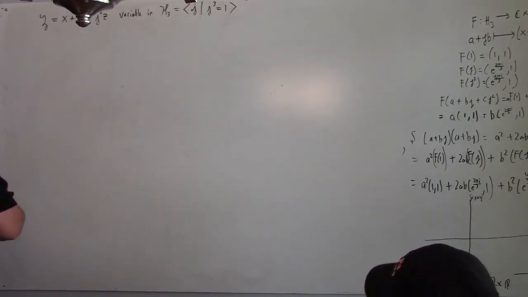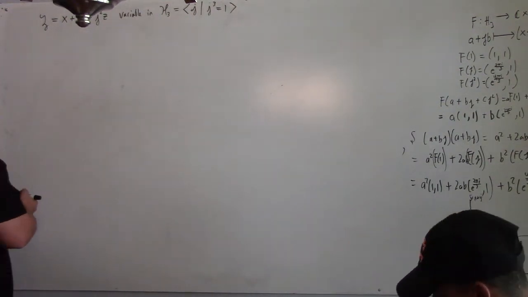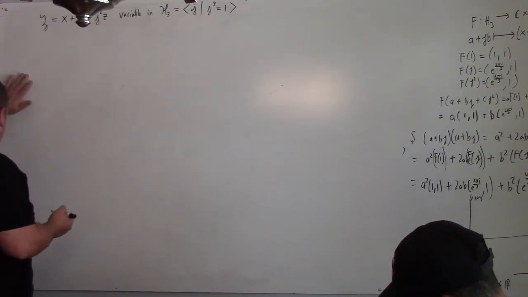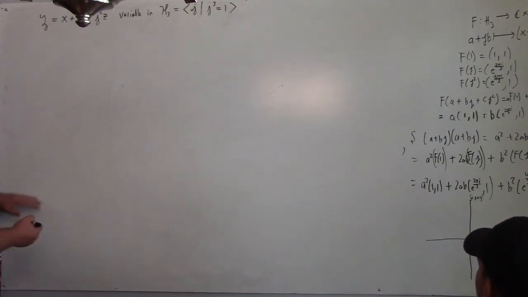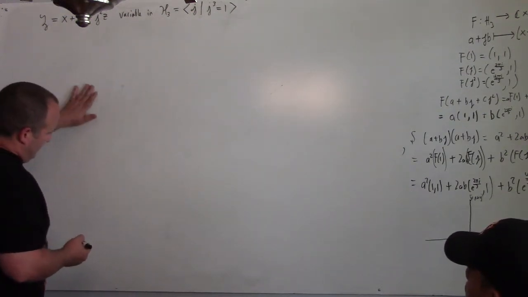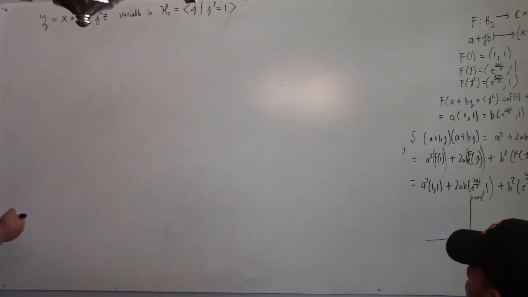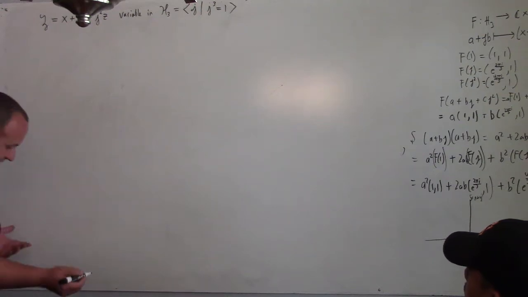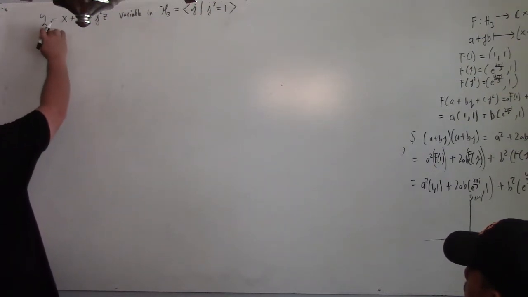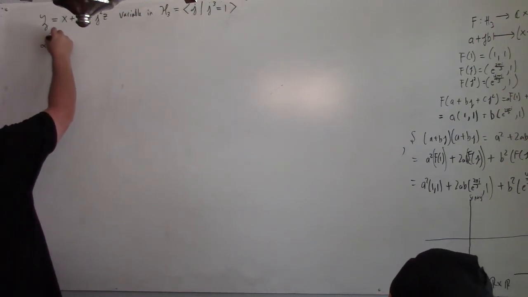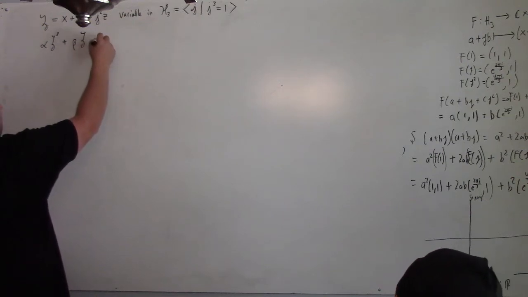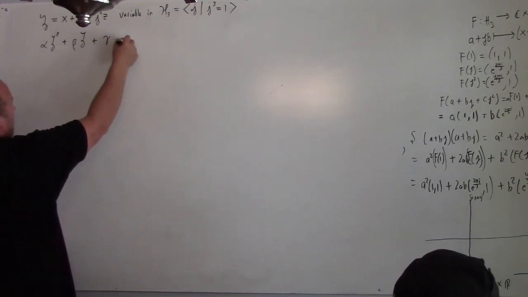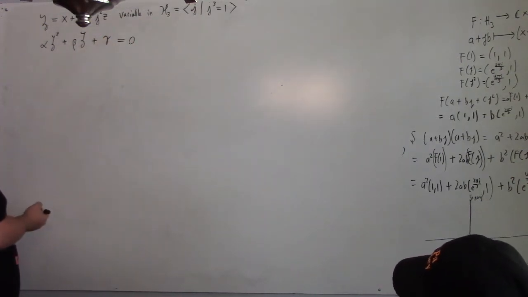I think it's probably better to just be more explicit so students aren't lost as much. Then alpha zeta squared plus beta zeta plus gamma equal to 0 would be the quadratic equation in H3.